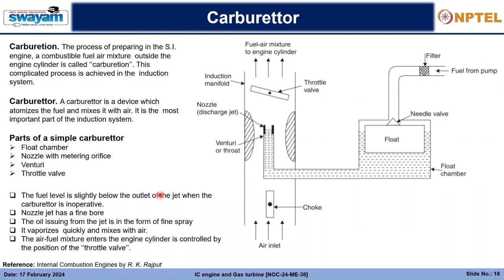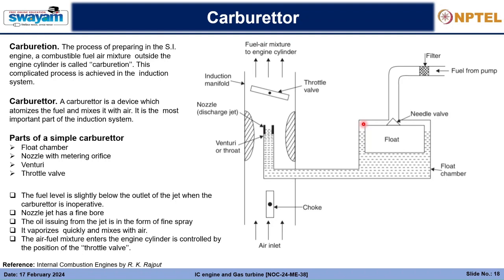Next, let us move to the carburetor. Here I am showing a very simple sketch of a carburetor arrangement present in SI engines, spark ignition engines. The carburetor is only present in spark ignition engines, where an air-fuel mixture is supplied inside the cylinder. But in compression ignition engines, only air is supplied into the cylinder, whereas the fuel is injected inside the cylinder at very high pressure and temperature, and ignition happens through that.